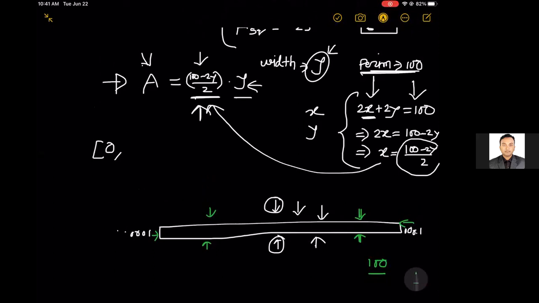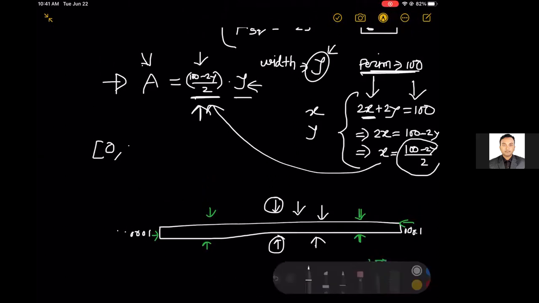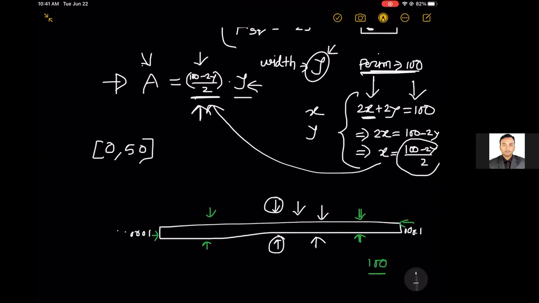Does it make sense when I say it cannot exceed 50? Do you agree with that? Is there anyone who is still confused about what's going on here? Let me know, okay? Just try to imagine that you have 4 sides and all the opposite sides are equal to each other.